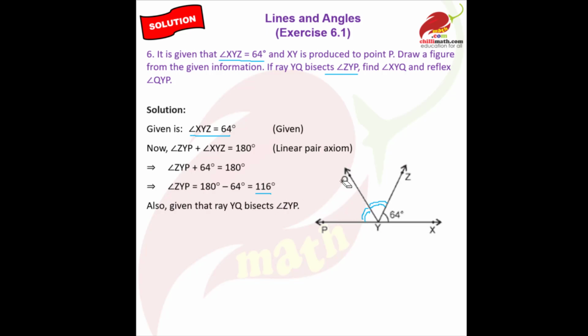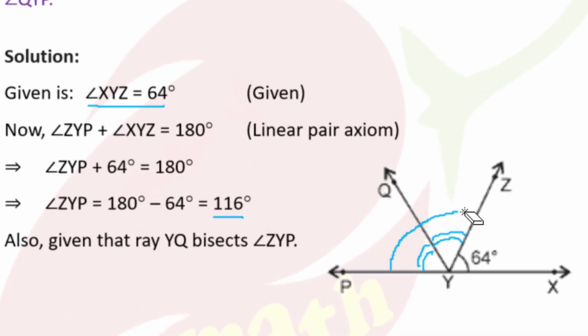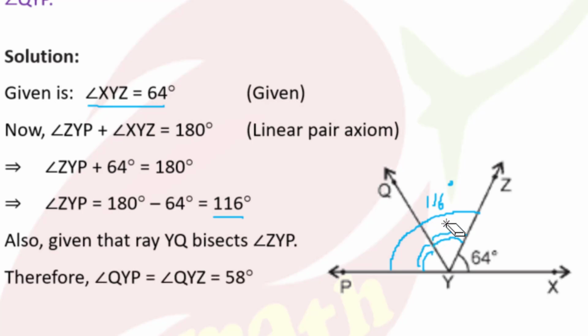Also we are given this YQ is bisecting ZYP and this whole ZYP is equal to 116. So their half will be 58 degree. So this is 58 degree and this is also 58 degree.